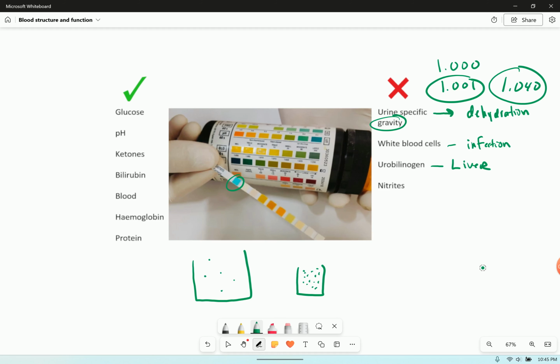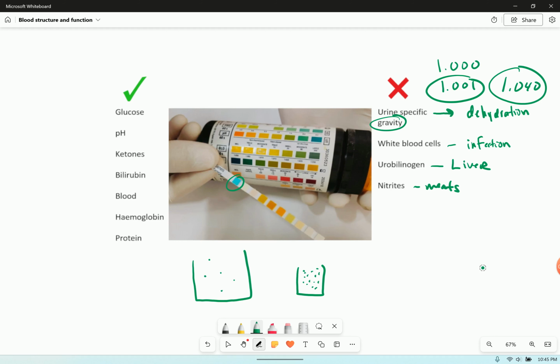Nitrites that are found in urine, that's a chemical compound that is from meats. Okay, so such as like a ribeye steak and things like that. However, if your body is not processing the protein, a byproduct is nitrites, and it can spill into the urine.